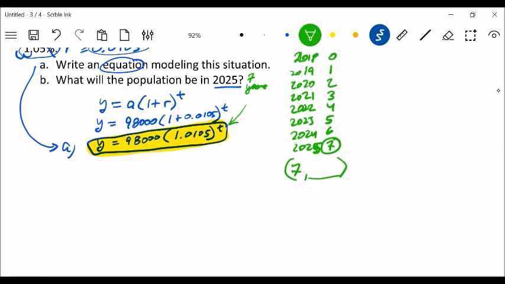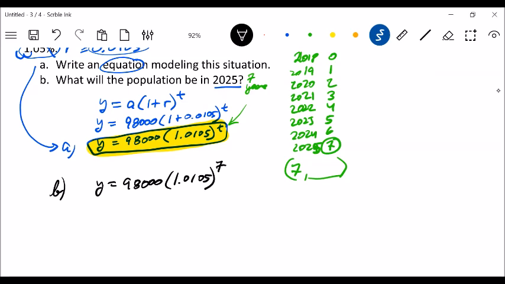Okay, so we will take this formula, and this is letter B. 1.0105 to the 7th power. And when you calculate that, I'll actually give you some numbers, but you'd best leave it in the calculator, do it all as one thing.